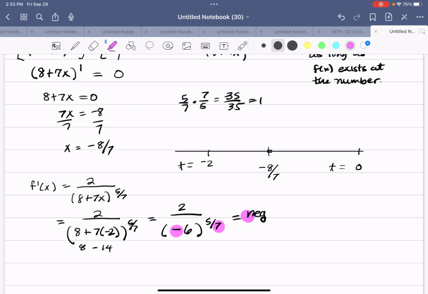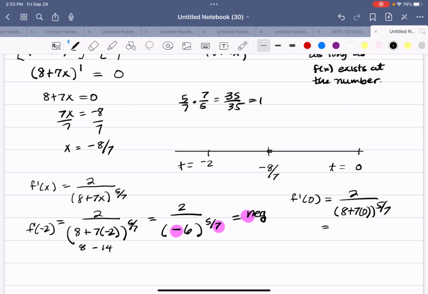And I've got a positive divided by a negative, which is a negative. Now the easier one to check, f prime of 0, this was f prime of negative 2, and now we're doing f prime of 0, is going to give me 2 over 8 plus 7 times 0 to the 5/7. That's going to be 2 over 8 to the 5/7. This is a positive divided by a positive, so this is going to be a positive.